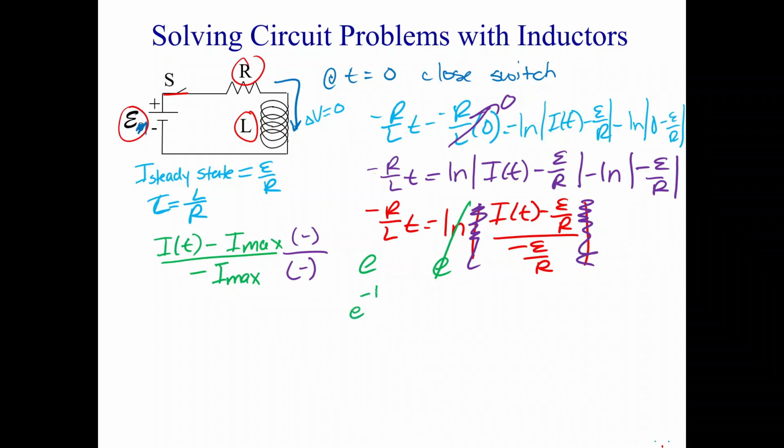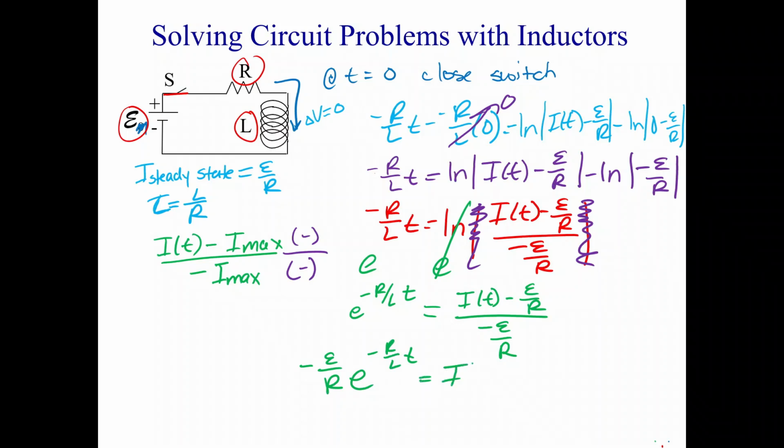So I get e to the negative R over L times t is equal to I of t minus E over R, over negative E over R. And then I can multiply by negative E over R on both sides, so I get negative E over R times e to the negative R over L times t is equal to I of t minus E over R. And then you can add that E over R to the other side, and so we get E over R minus E over R times e to the negative R over L times t is equal to I of t. So clearing space one more time.